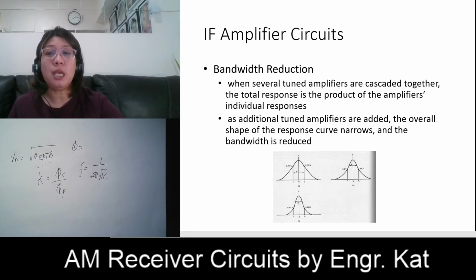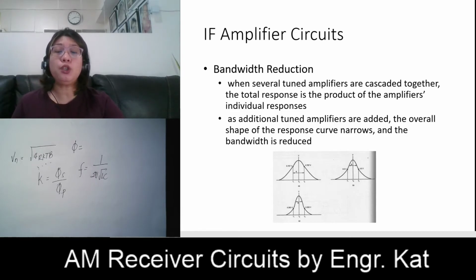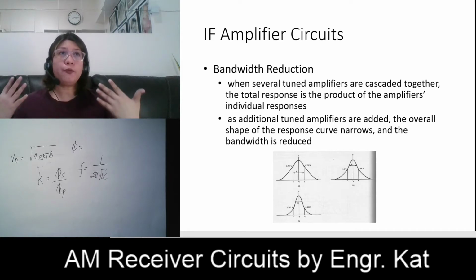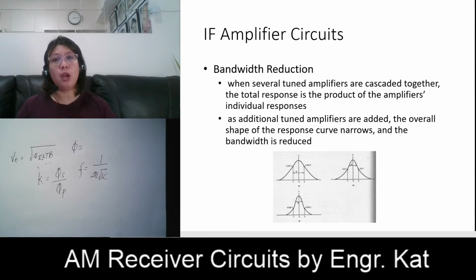As you can see, as additional tuned amplifiers are added, the overall shape of the response curve narrows and the bandwidth is being reduced. For cascaded stages, if you can still remember, we are multiplying the gain, but the effect is you are lowering the bandwidth.